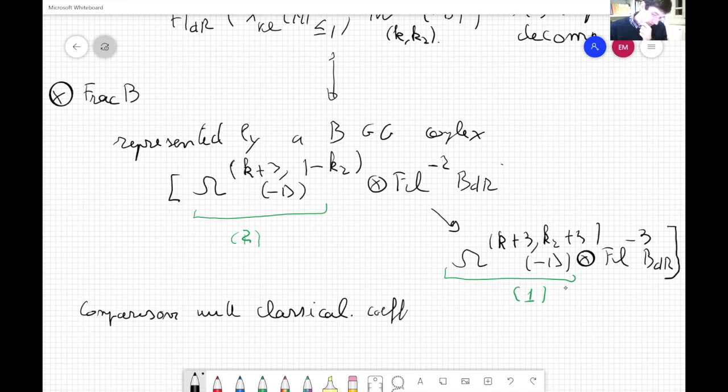So the classicality result. Typically, if K you specialize to an integer which is very, very big, then the cohomology of these two sheaves that I underlined in green compares very well to the cohomology of the usual sheaves that you have constructed from the Hodge bundle. Okay, and I guess I'll stop here.